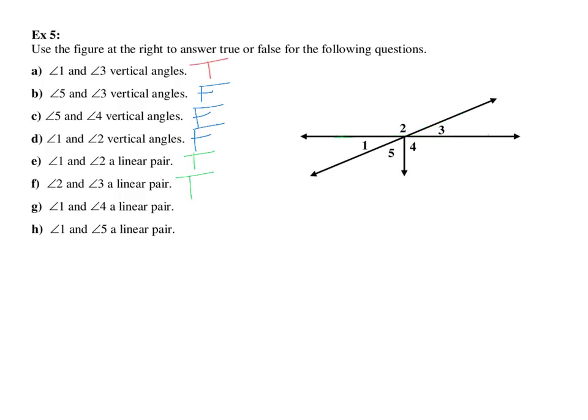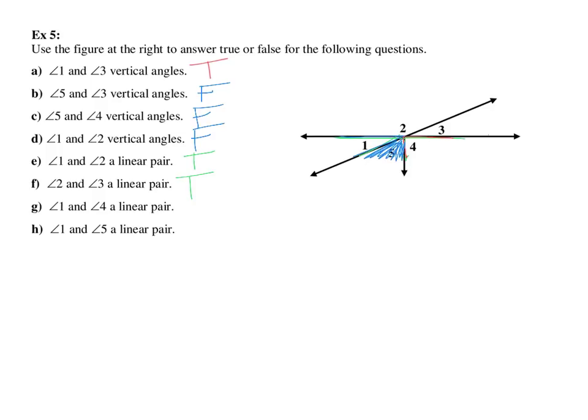And then we have 1 and 4 are a linear pair. Now do they share a side in common, these two angles? Here's 1, and here's 4. There's no overlap. They don't share a side in common, so those are not a linear pair. They have essentially a gap in between, that angle 5.